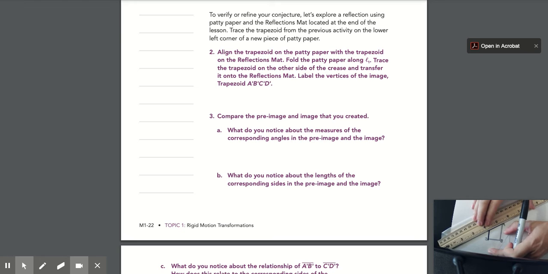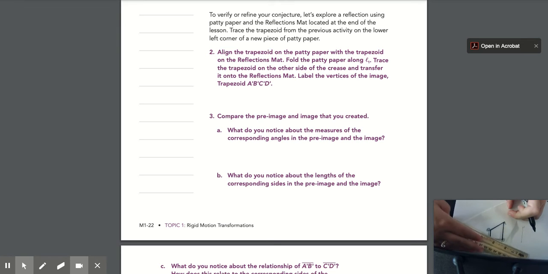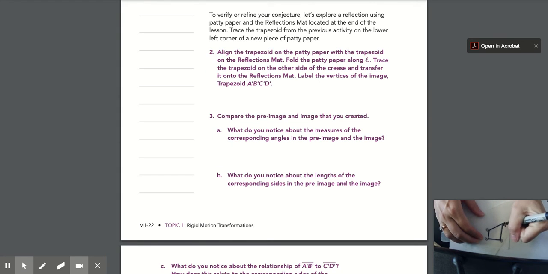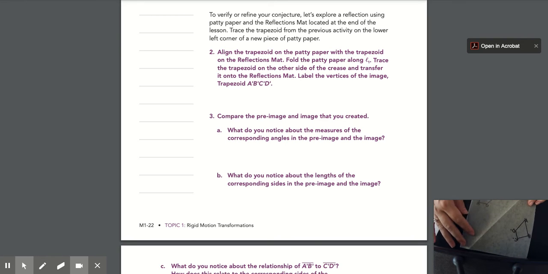So we are going to draw our trapezoid again, but this time when we label, we will be using the prime marks because this is now the image. So we have A prime, D prime, C prime, and B prime. Okay. Now, I'm going to flip mine open so that you can see both my images.